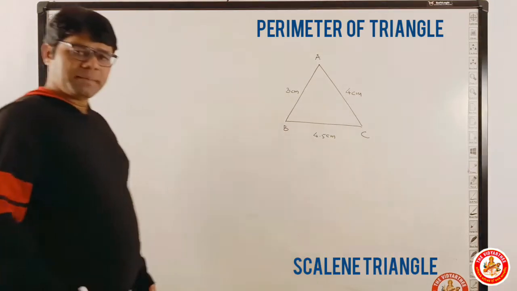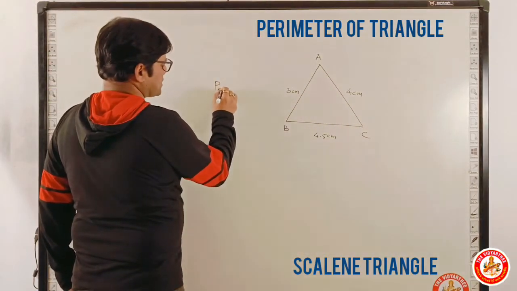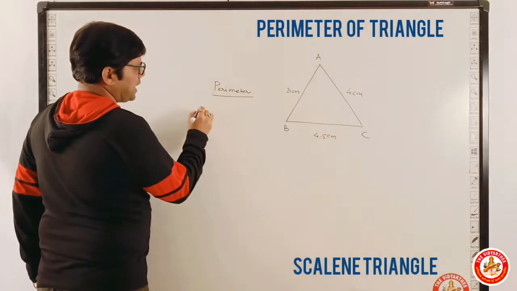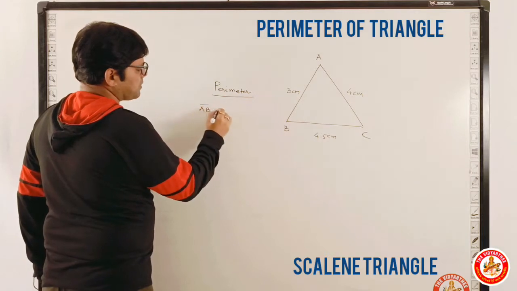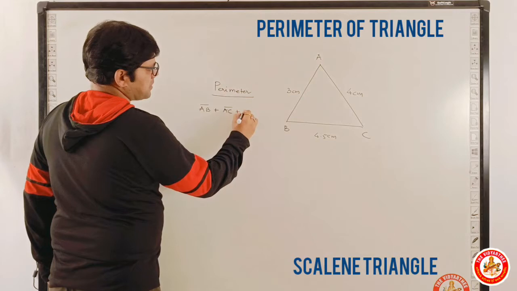So what is the perimeter of this triangle? Perimeter of this triangle is measure of AB plus AC plus measure of BC.